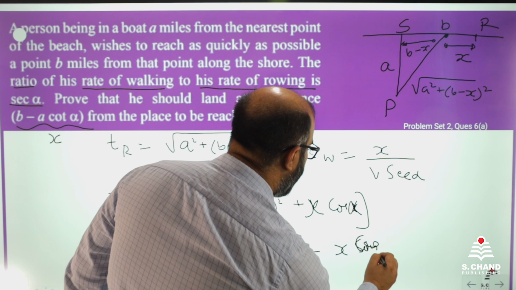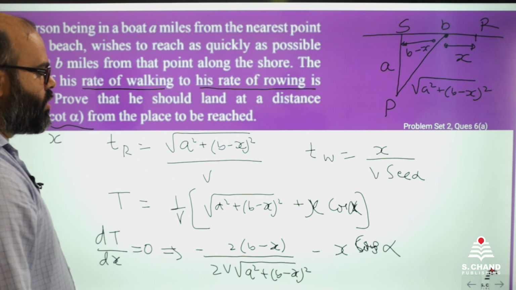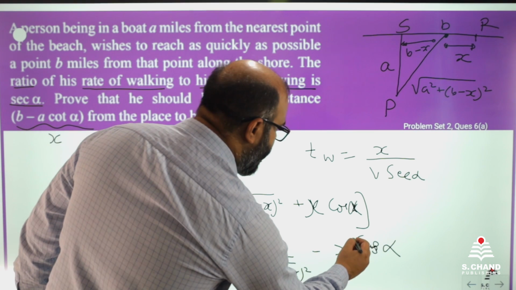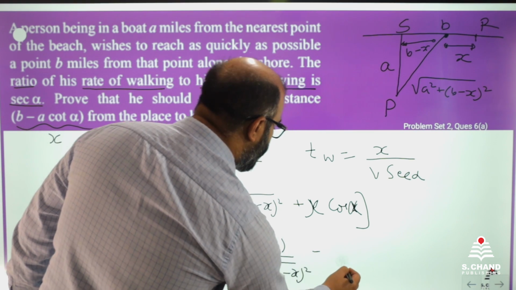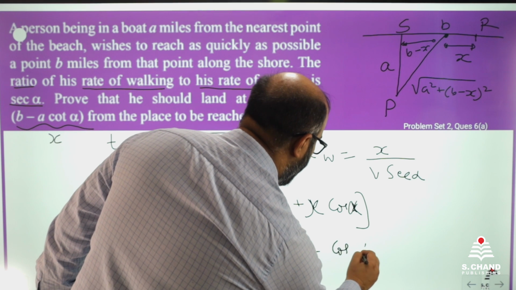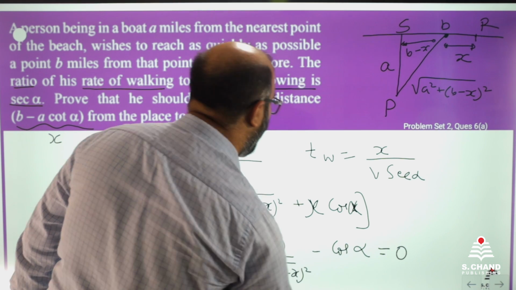It is still cos alpha because it is a constant, and the derivative of x is equal to 1, so I am writing it again in case you get confused. So this will become cos alpha, and then equate it to 0.